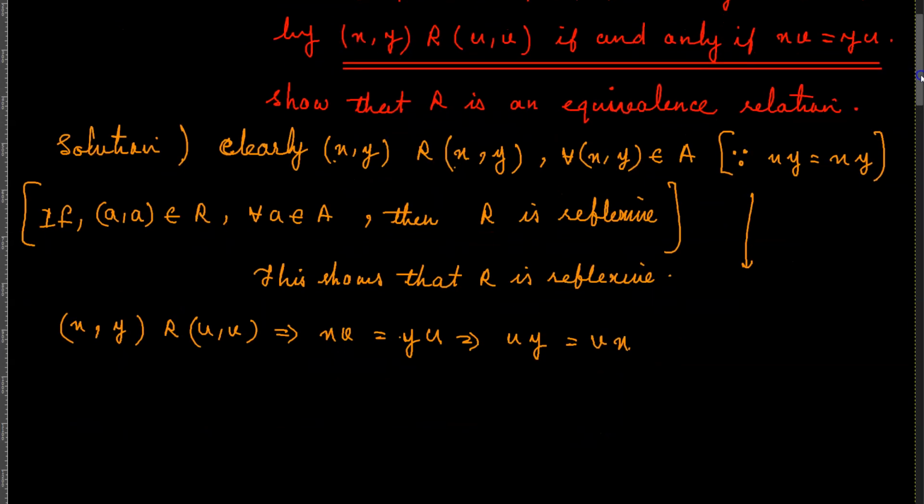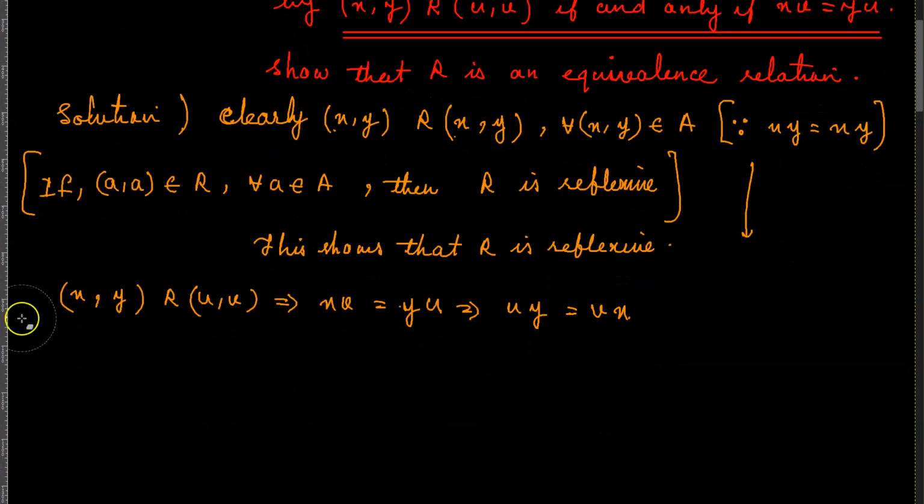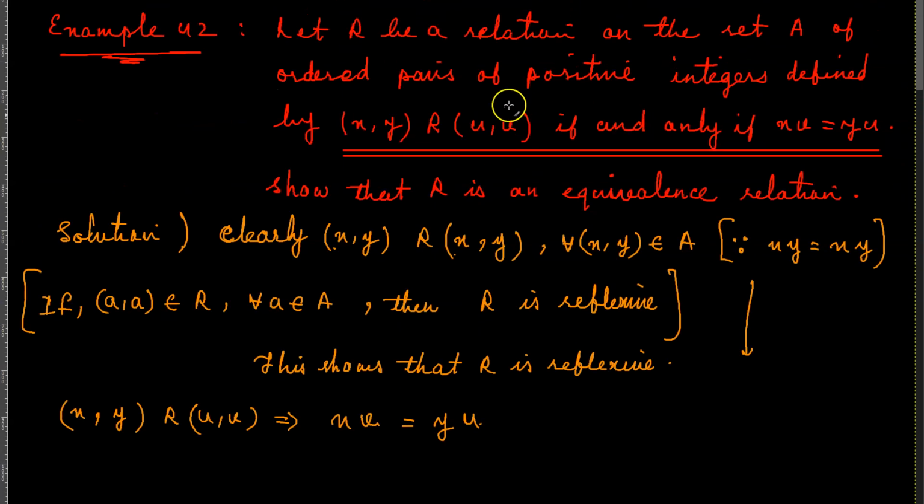Now I'm going to write this in the same order so that we don't get confused. Based on what we said here, x comma y is related to u comma v. This implies that x times v is equal to y times u. This is based on the rule that we have over here.